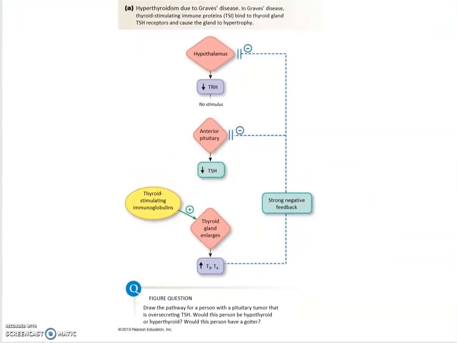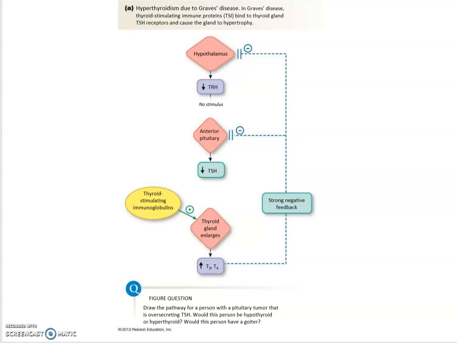So in hyperthyroidism due to Graves' disease, again, we're going to have these thyroid stimulating antibodies. Basically we have TSH-like antibodies, that's what I like to call them. They constantly act on the thyroid gland. The thyroid gland enlarges, and plus we're making tons of T3 and T4. You have strong negative feedback onto the pituitary and the hypothalamus.